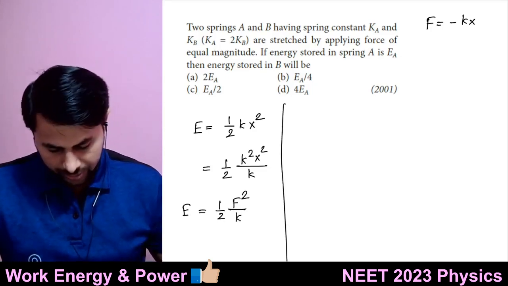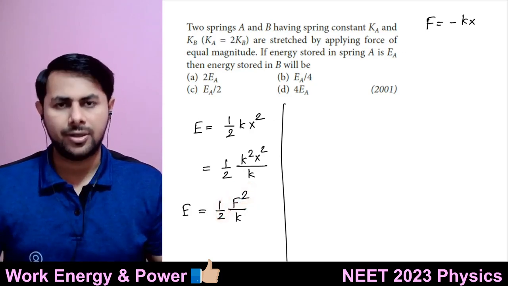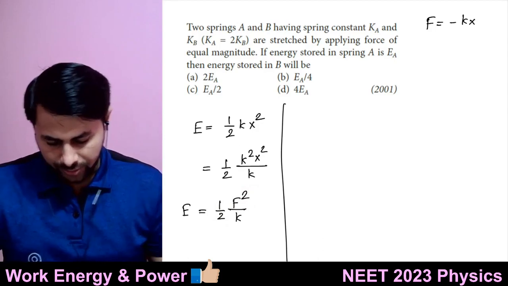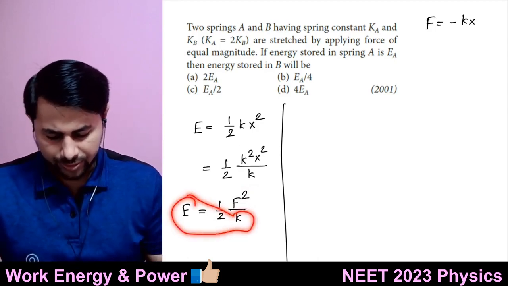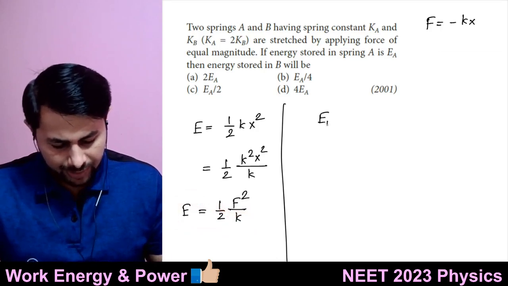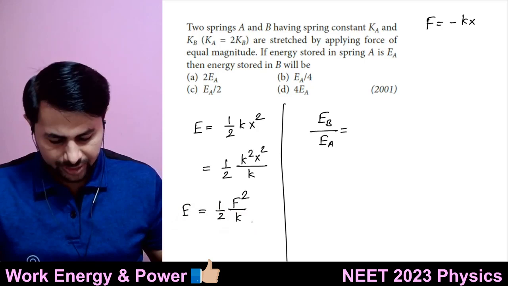Force is the same on spring A as well as spring B. So you can write that energy is inversely proportional to K. So EB upon EA will be equal to Ka upon Kb, since it is inversely proportional.